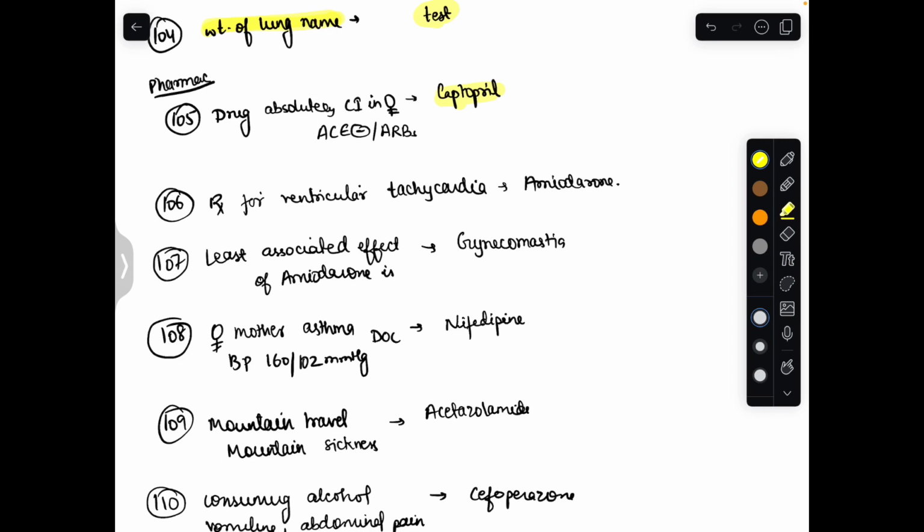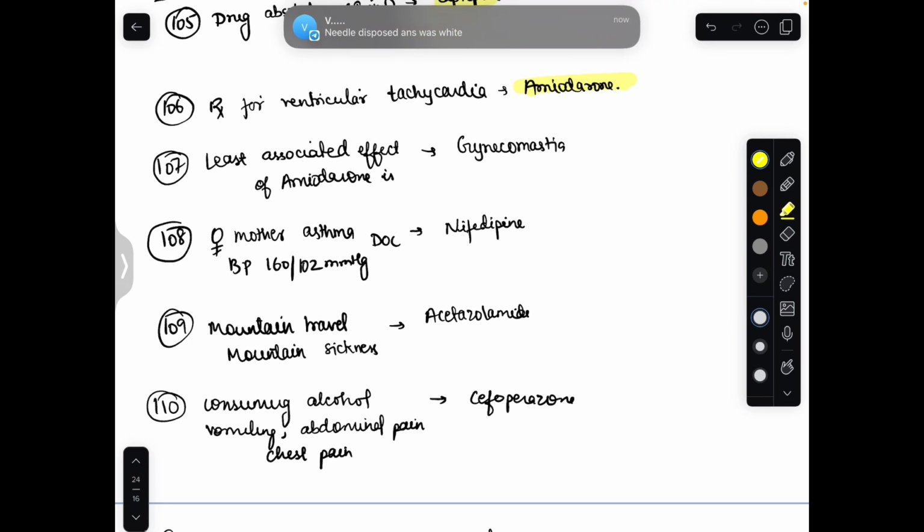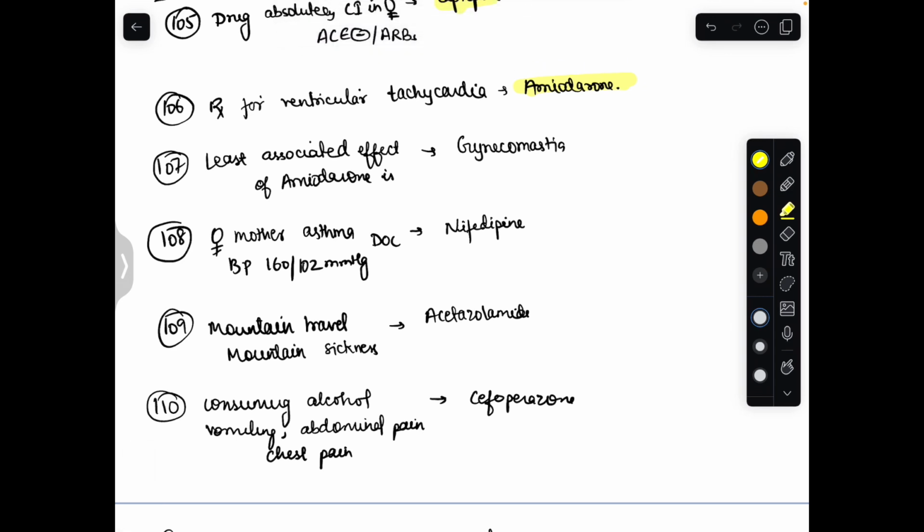Okay, like the drug absolutely contraindicated in females. The correct answer is captopril because ACE inhibitor drugs are contraindicated during pregnancy. Treatment for ventricular tachycardia: the correct answer is amiodarone. Least associated effect of amiodarone is gynecomastia.